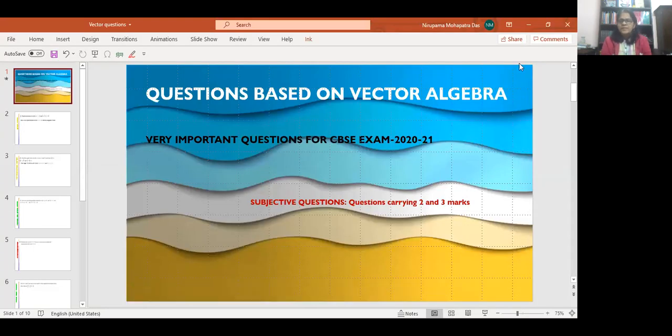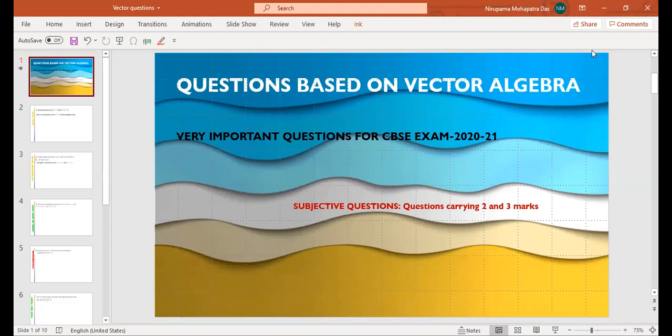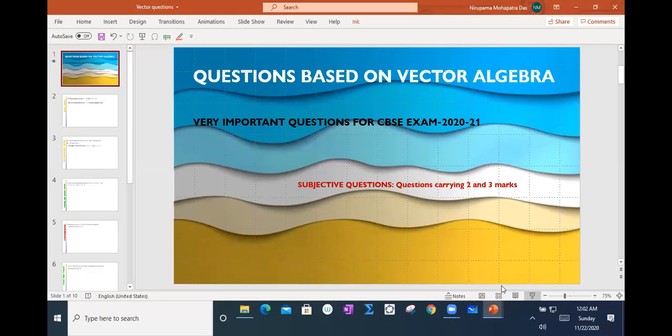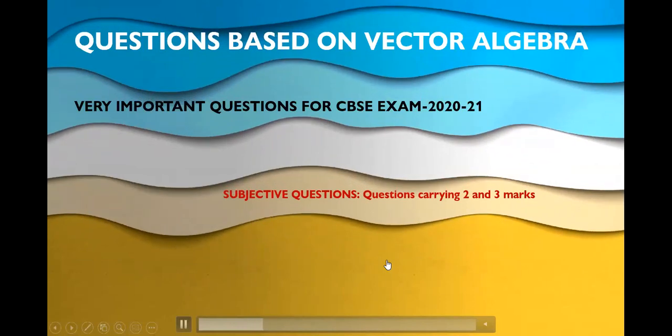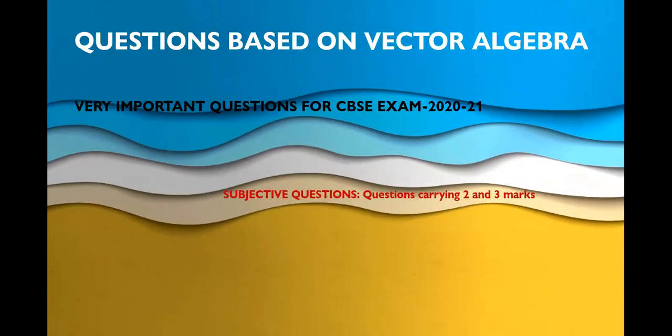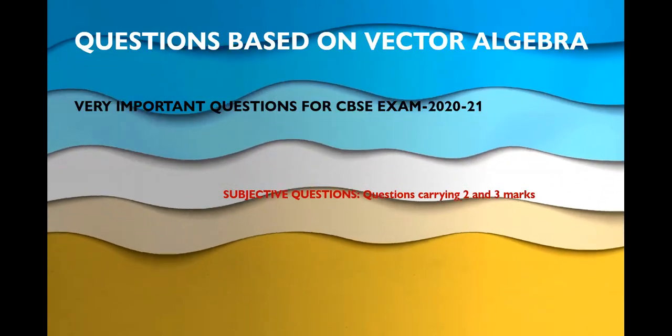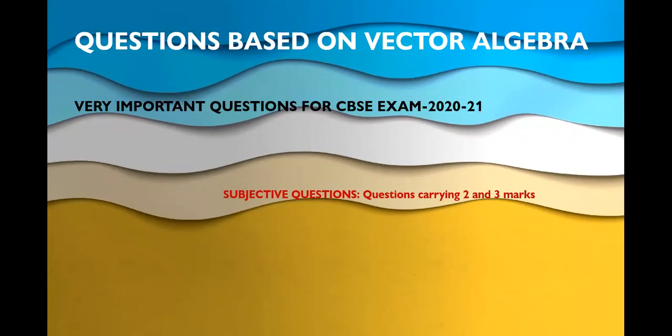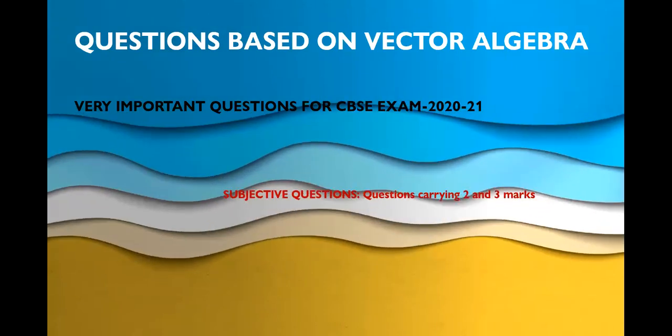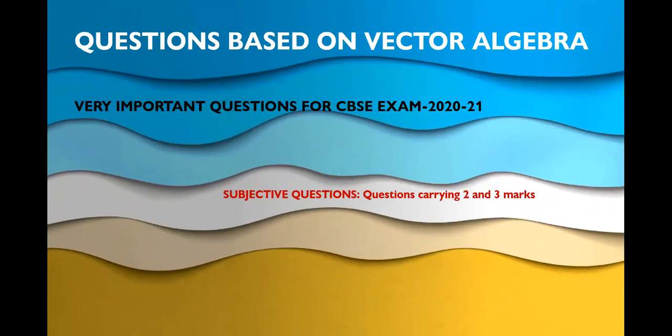Let me hide the video panel so that we can get the full screen. So, questions based on vector algebra. We will be covering specifically subjective questions, questions carrying 2 and 3 marks. Till now we have not got questions carrying 6 marks in the board exam.